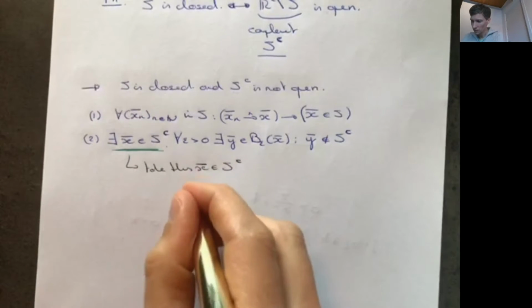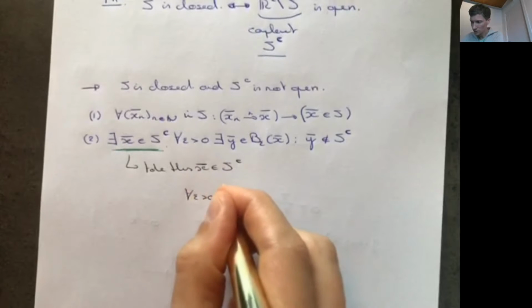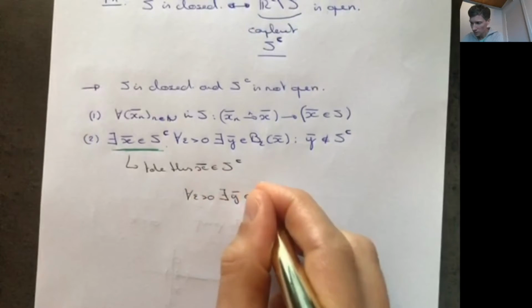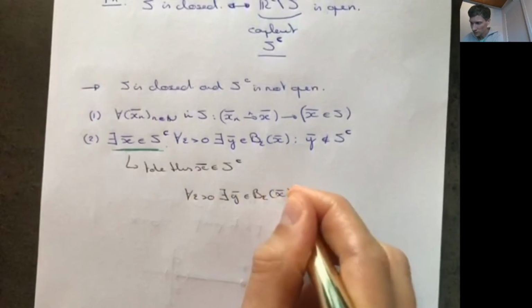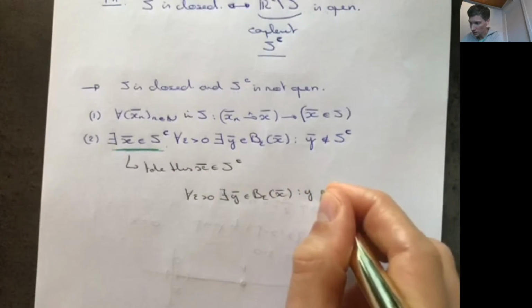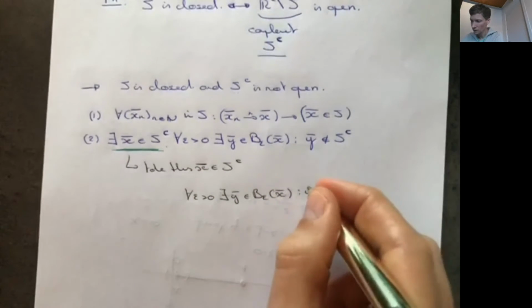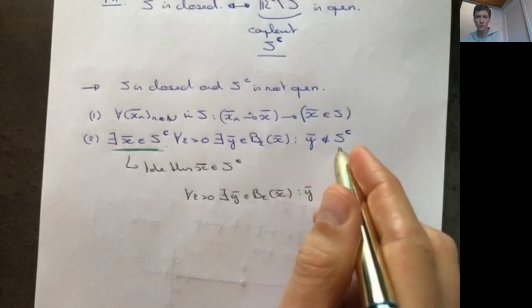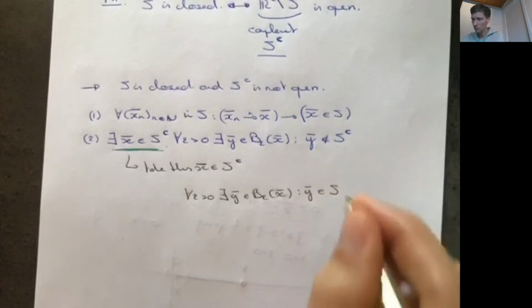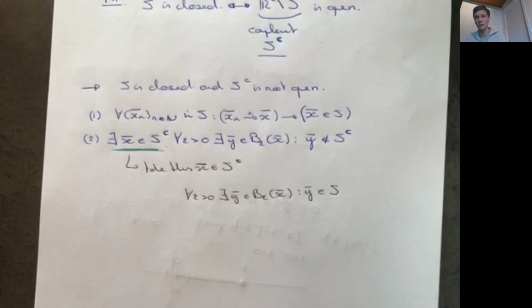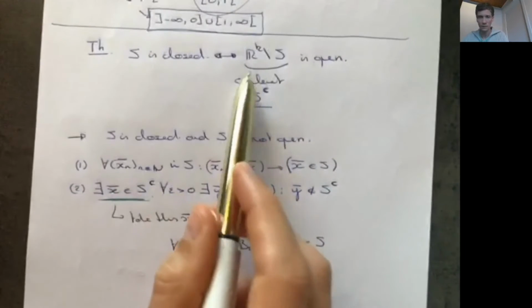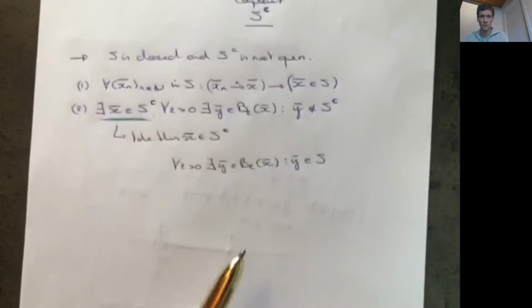And then I know that for all epsilon bigger than 0, there exists a y in B_epsilon(x), such that y is not in S^C, and if y is not in the complement of S, then y has to be in S. If it's not in the complement, then it has to be in S. If it's not in S, then it has to be in the complement. That's the definition of the complement, everything except for S.